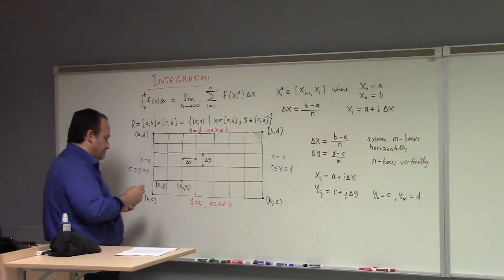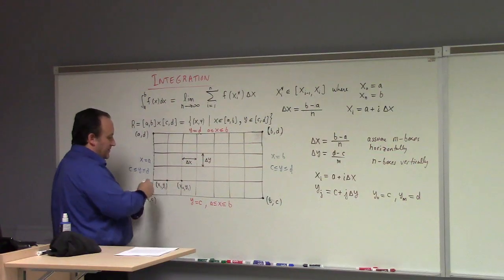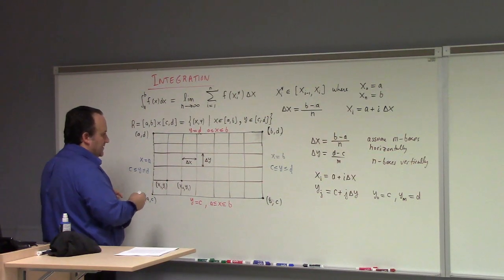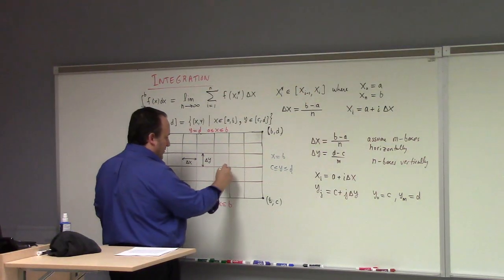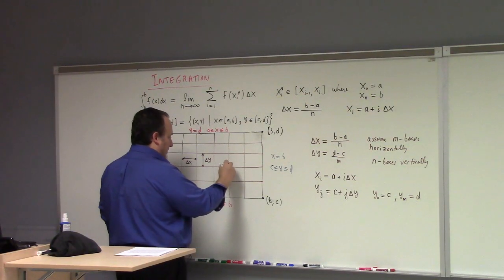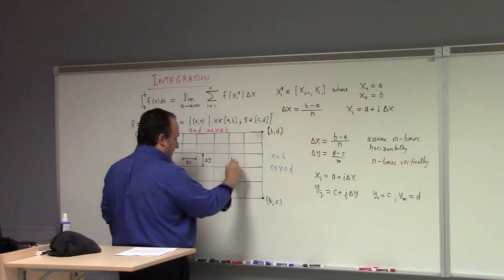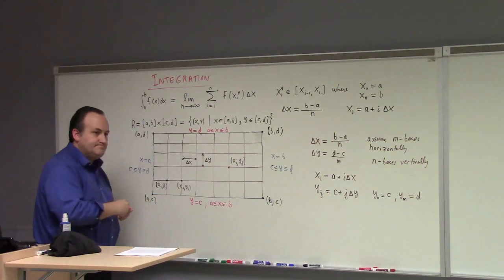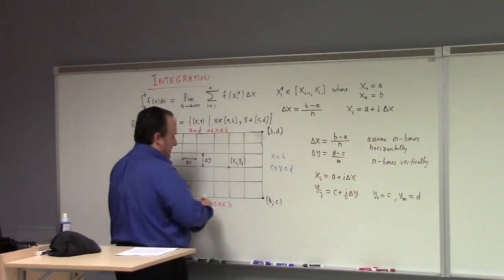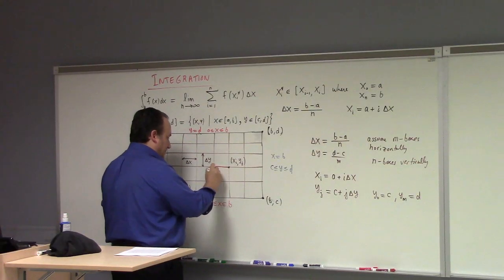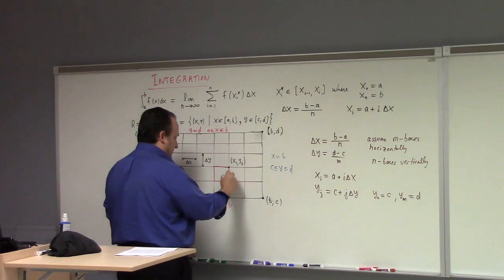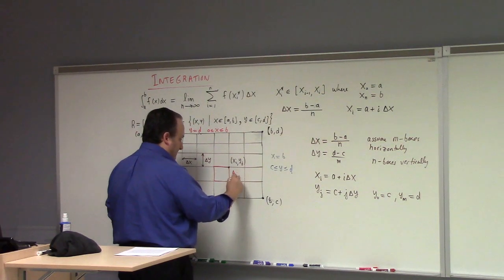So I'm just going to label the grid by the upper corner. So maybe this point right here is, let's say, x sub i, y sub j. All right? And so this particular box right here, I'm going to think of this as the ijth area.